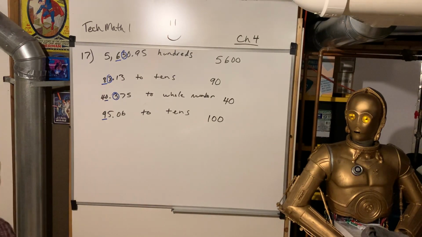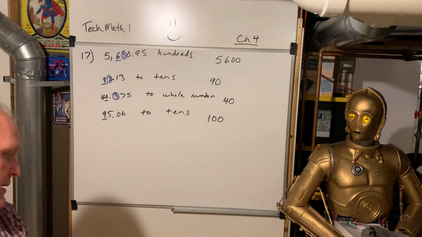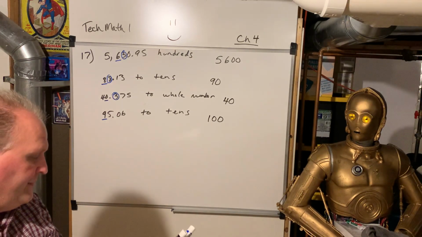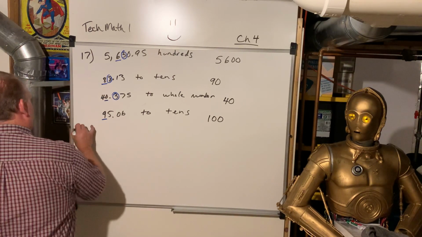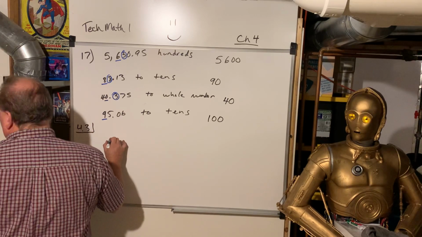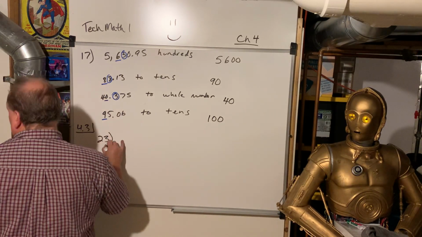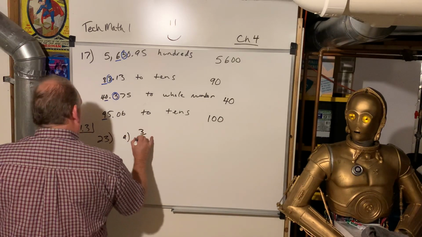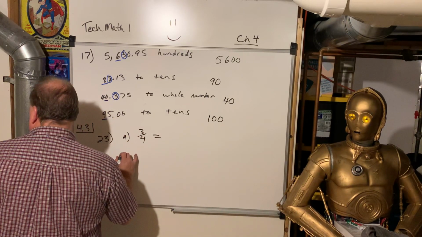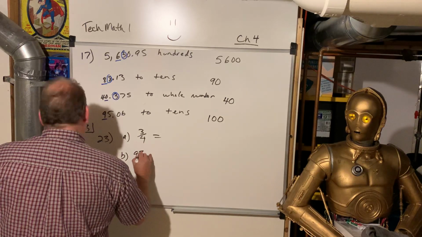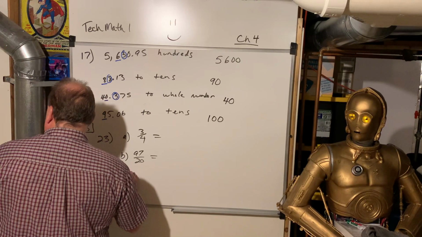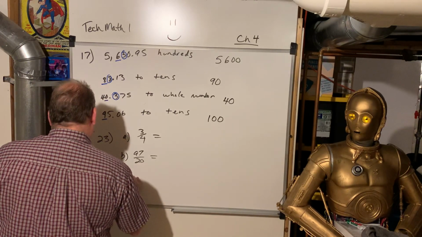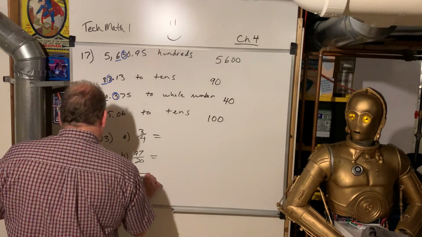Okay. Well, let's look at 4-3. We're going to jump to 23. We don't really need much in 4-3. I think everybody knows this already, but just to get the rust out, 23. We got 3/4. They want me to convert that to a decimal. We got 97/20 to a decimal, and 39.6 over 2.4 to a decimal.